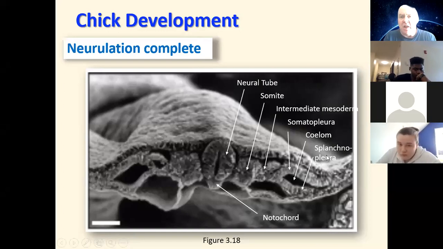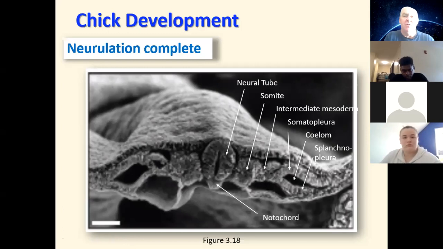And then you've got the splanchnopleural, hate that word, I don't know how to pronounce it, which will be inside, and that will be like heart and other internal mesodermal things. Not gut, remember gut is endoderm, but everything else that's mesoderm on the inside will come out of this splanchnopleural thing.